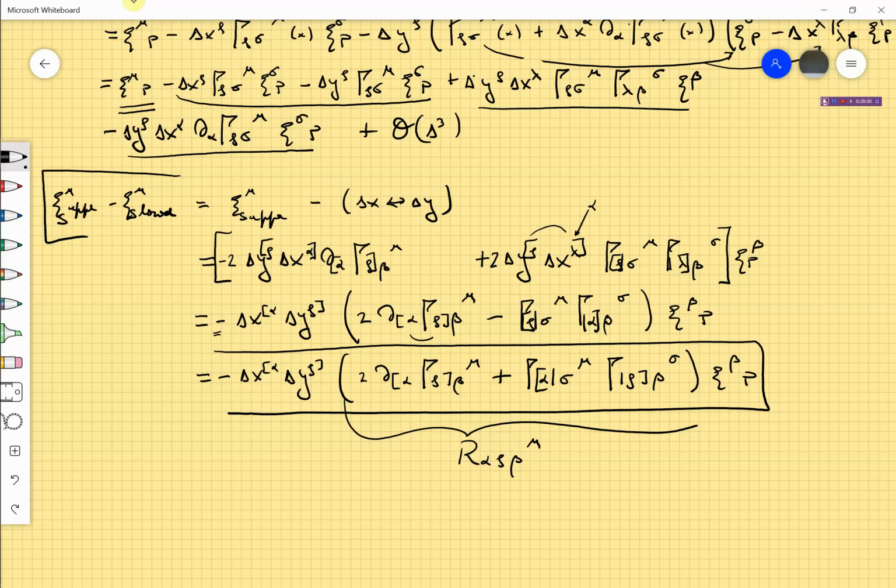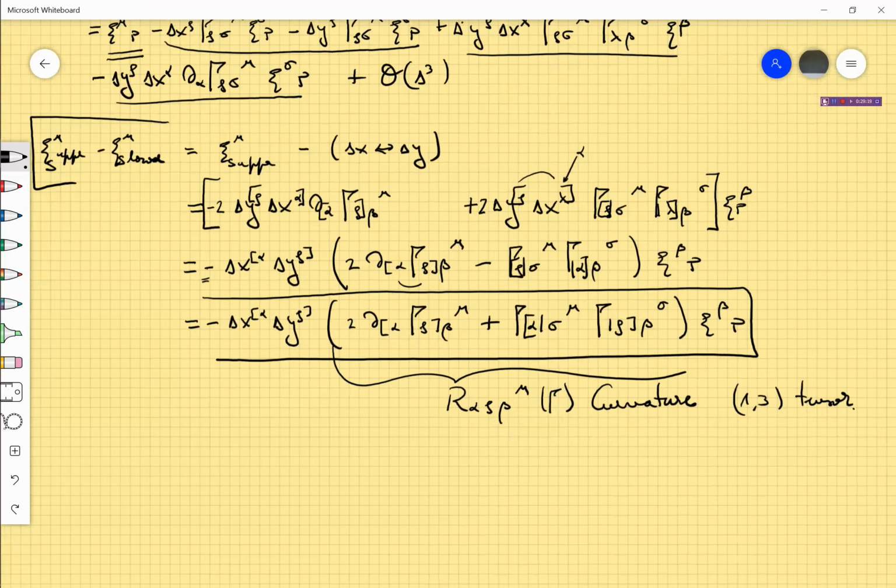This object that appears here is the curvature. As I define it in terms of this function of gamma, it is a 1,3 tensor.